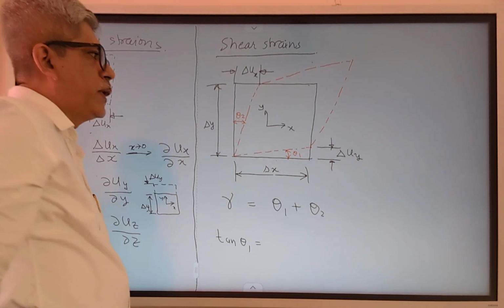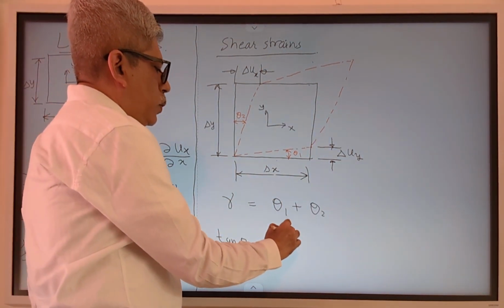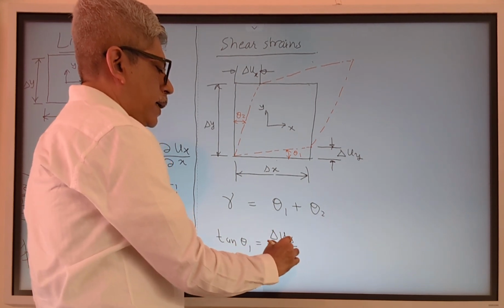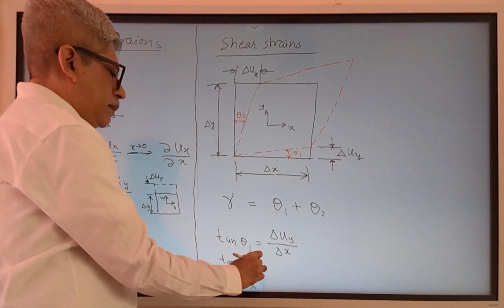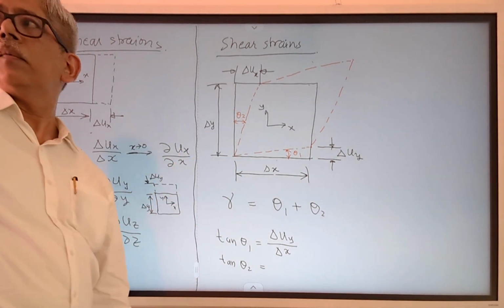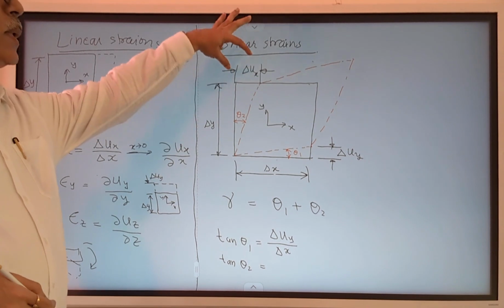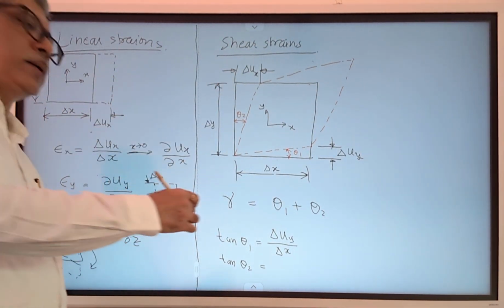So what is tan of theta 1? Delta uy by delta x. And tan of theta 2 is delta ux divided by delta y.